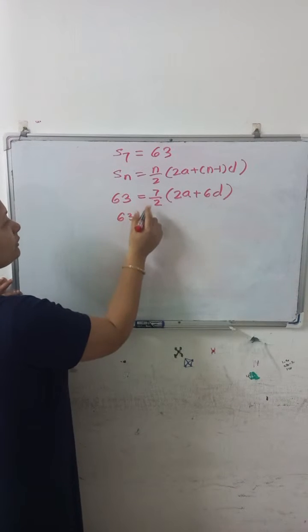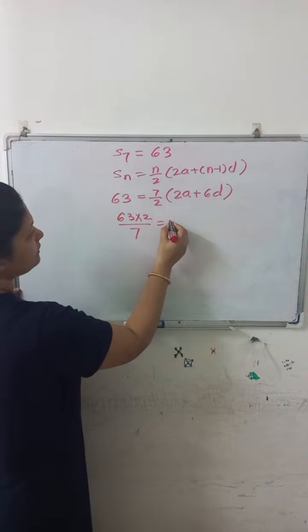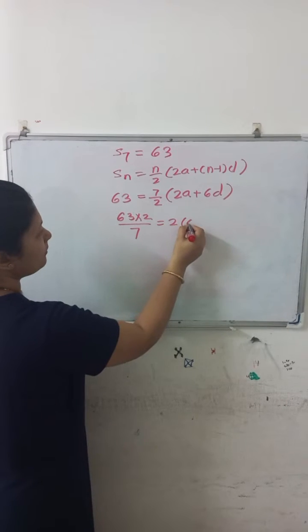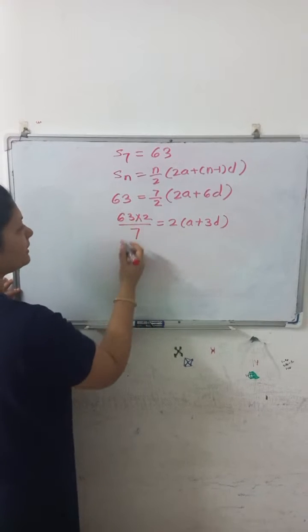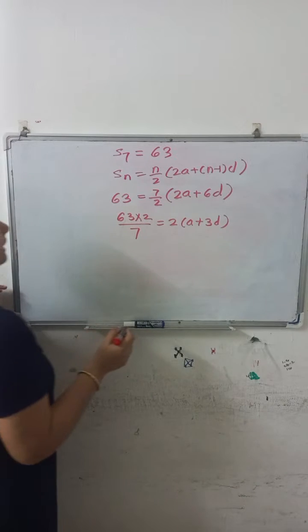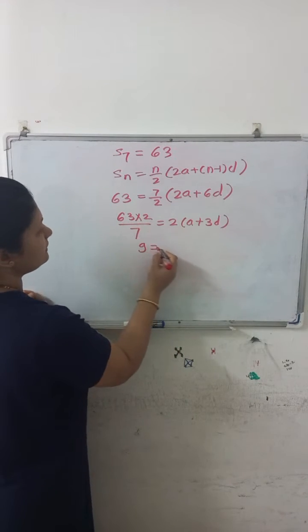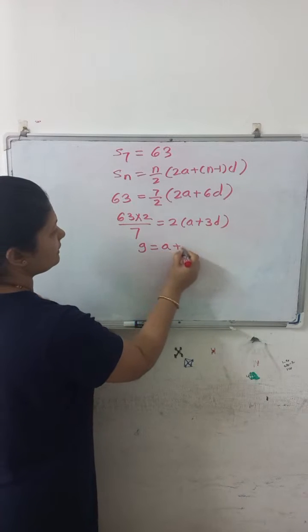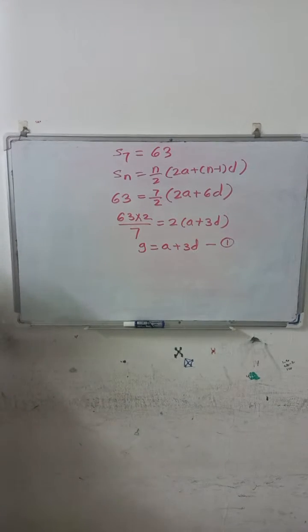So I will transpose the 2, 63 times 2 divided by 7 is equal to, if I take 2 common, a plus 3d. The 2 I can cancel out. 7 nines are 63, so 9 is equal to a plus 3d. So this is what I got, equation number 1.